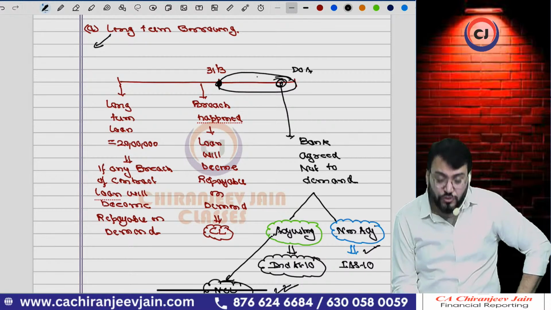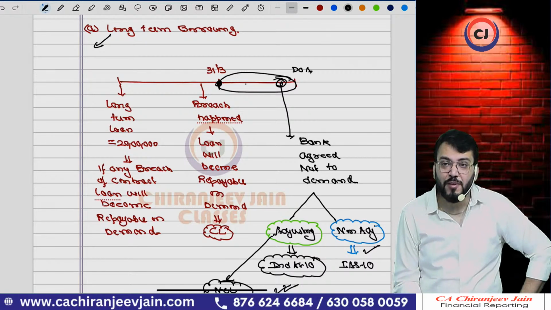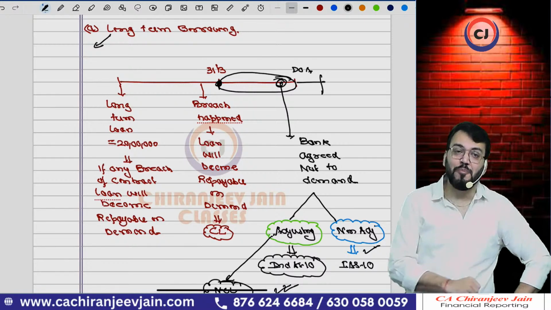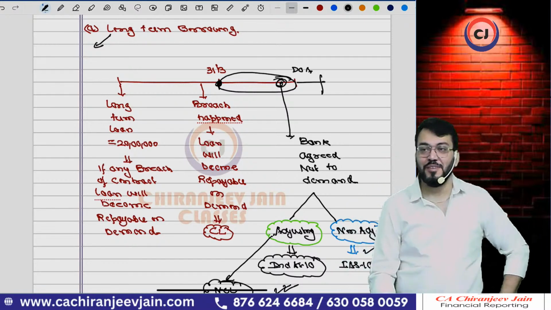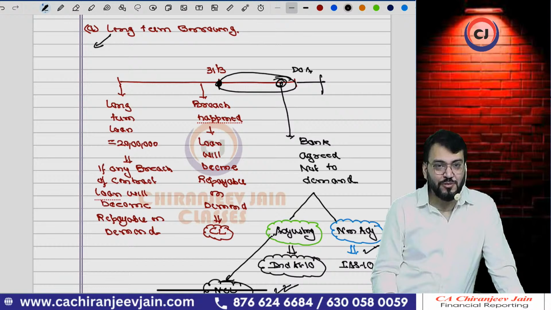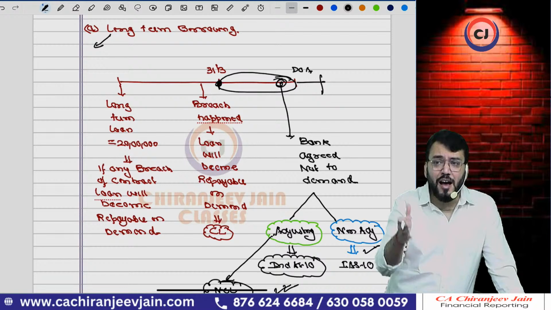So what they have done: negotiation was done after 31st March with the bank, but the bank agreed not to demand only after the approval of the financial statements. Understood? Whether it will be current or non-current? Current only. The bank agreed, but after approval of the financial statements. I will say this is not a question of Ind AS 10 only.